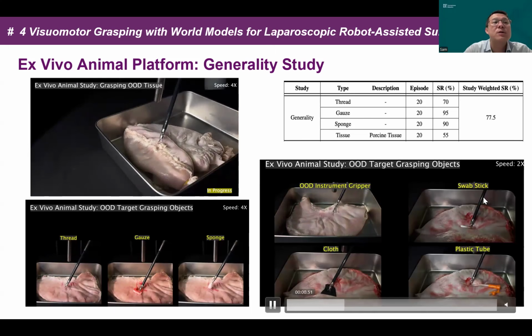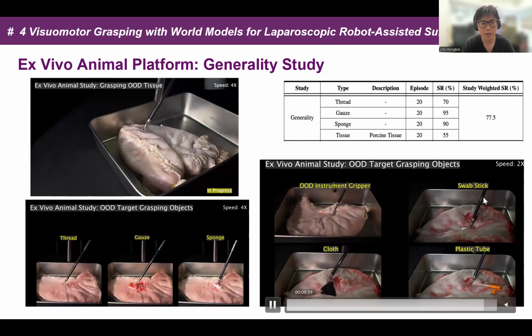But if we also pay attention to not touching tissue while grasping, you have multiple objectives. Yes, right now our goal is only the success rate.